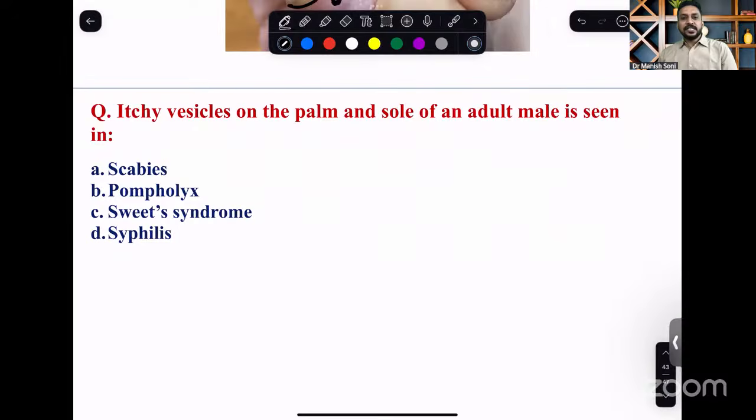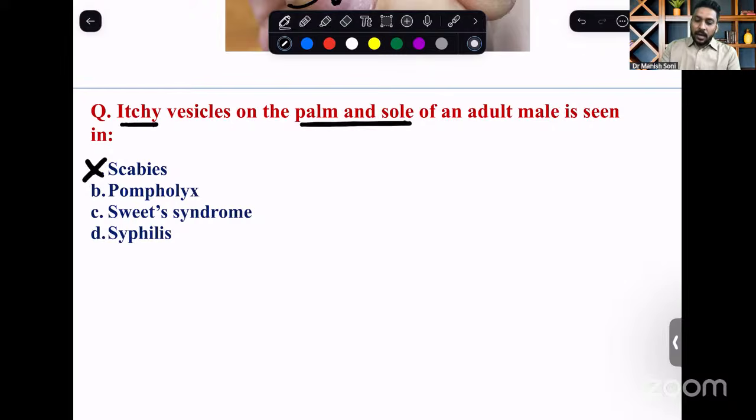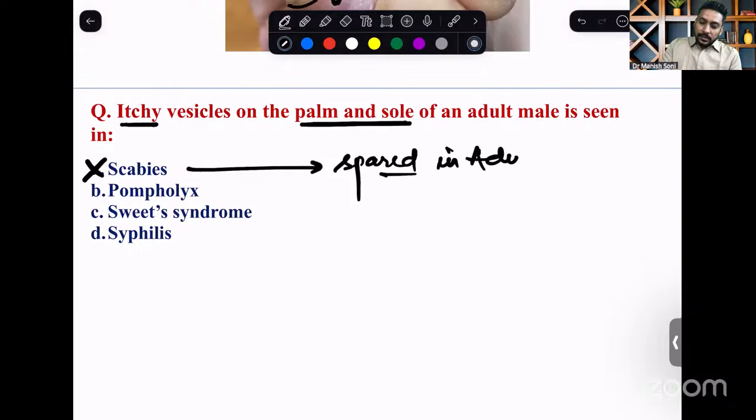See, itchy vesicles on palm and sole of an adult male is seen in. So as soon as you see itchy, you suspect scabies, where very severe nocturnal pruritus is seen, but this is not scabies. Why? Because palm and sole are spared in adults.